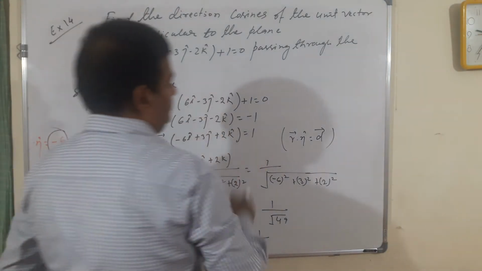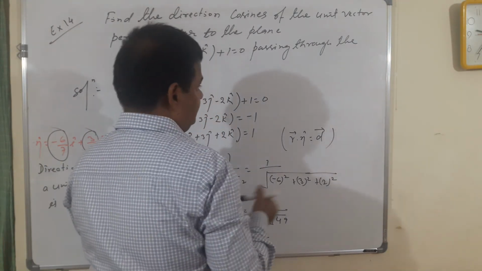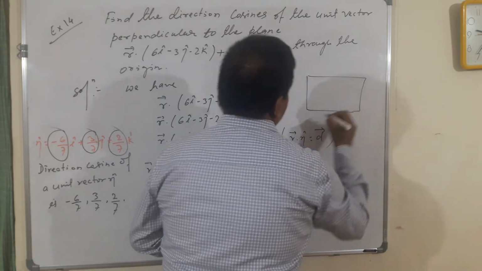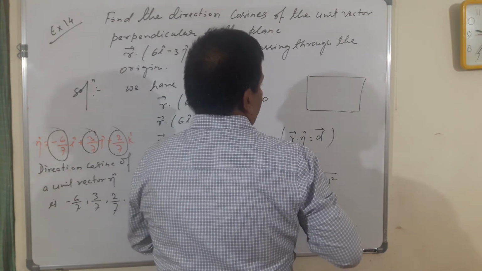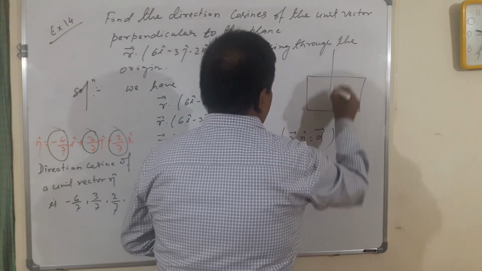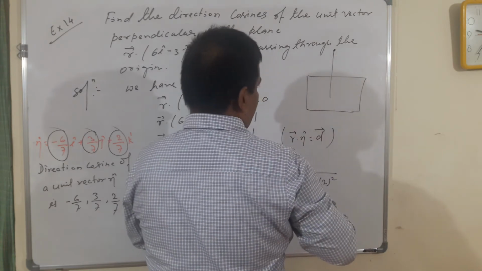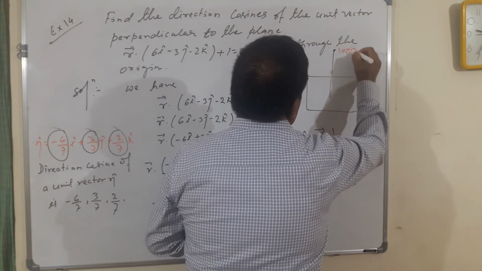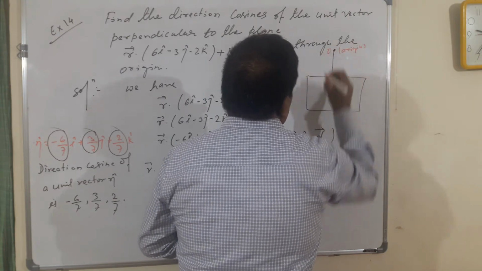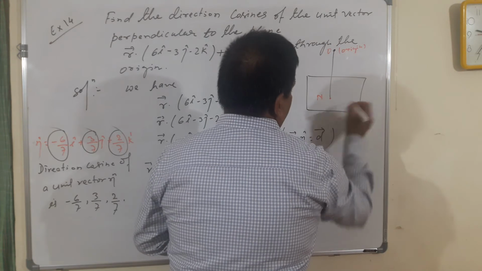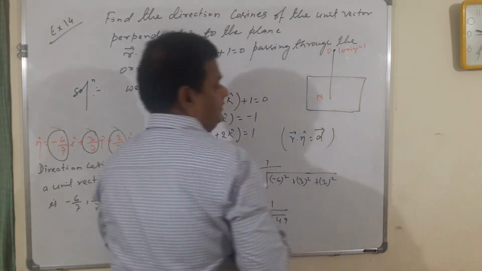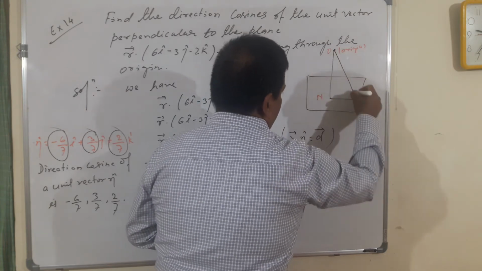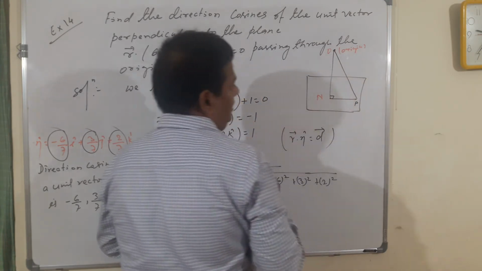Passing through the origin. See here, this is the plane, and here O is the origin, and let P be any arbitrary point on the plane. So this ON is perpendicular.